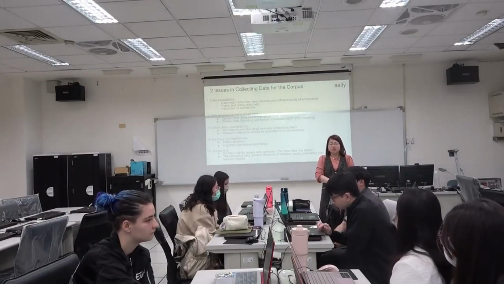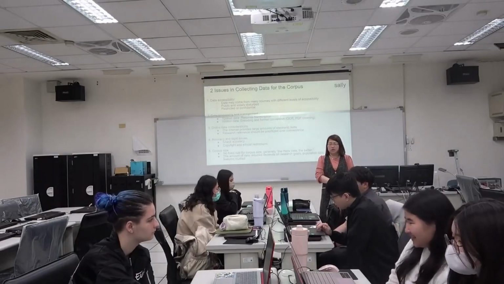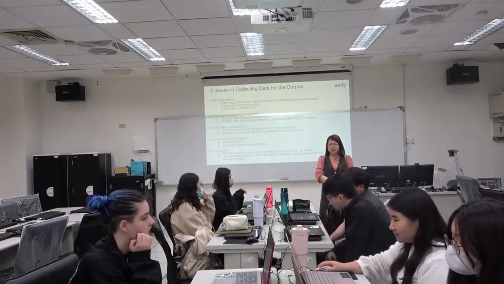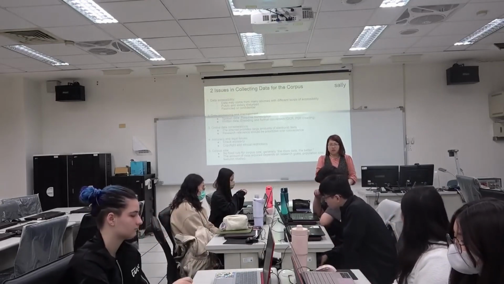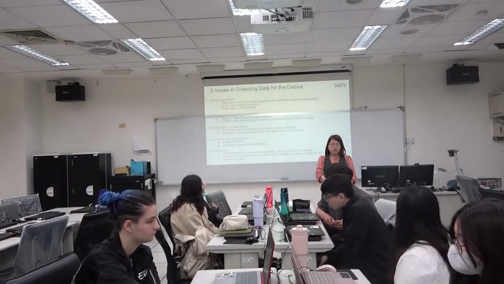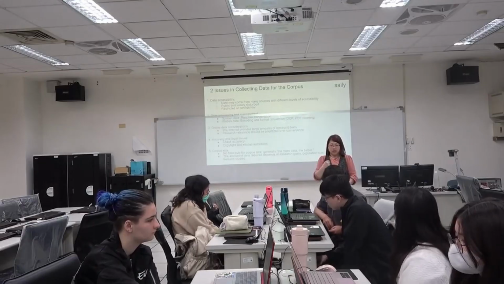In general, for example, last week we mentioned COCA, right? COCA is currently, I think, the biggest corpus. It gets data every day from the internet. And because it's developed by corpus linguistics professors, they know the principled ways to collect data.